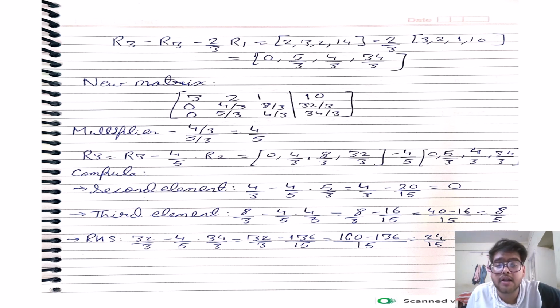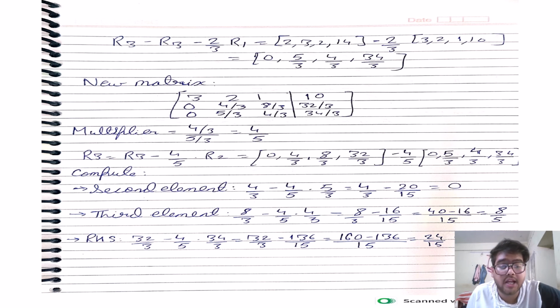So multipliers which come here are 4 by 3 upon 5 by 3, and by solving them we will get 4 by 5. So R3 is R3 minus 4 by 5 R2. This is the real multiplier, and we will get the values to be put in R3.